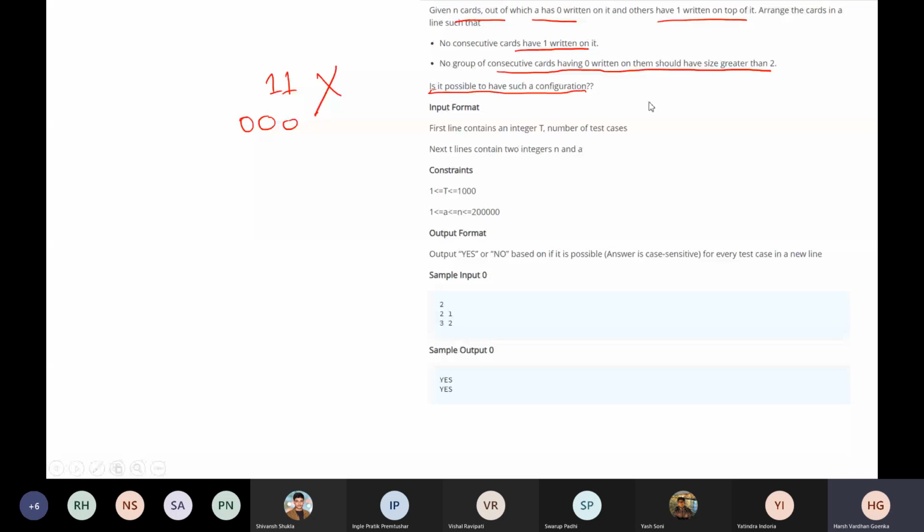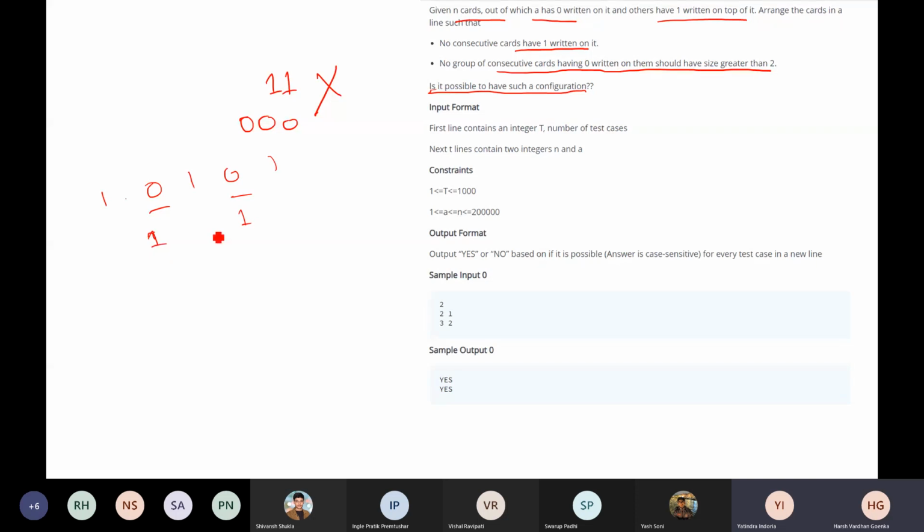I cannot hear you. Yeah, I haven't solved the question, but what I think is, if the number of ones provided to us is n, and we distribute all the ones, the number of gaps created between them is n minus one. So the minimum number of zeros we require is n minus one to fill the gaps between all the ones.